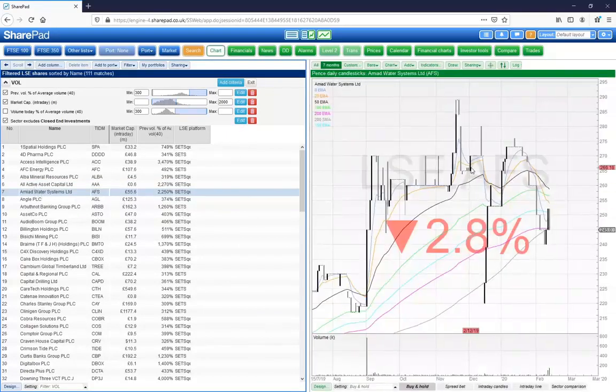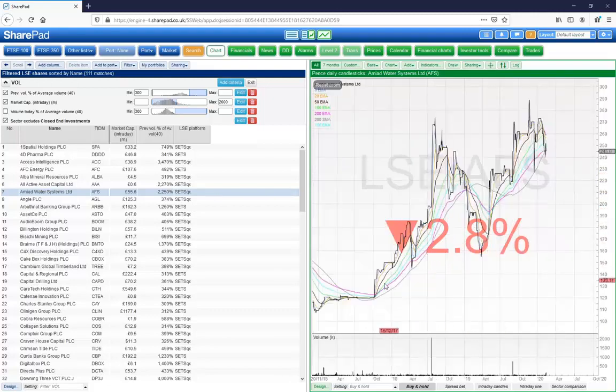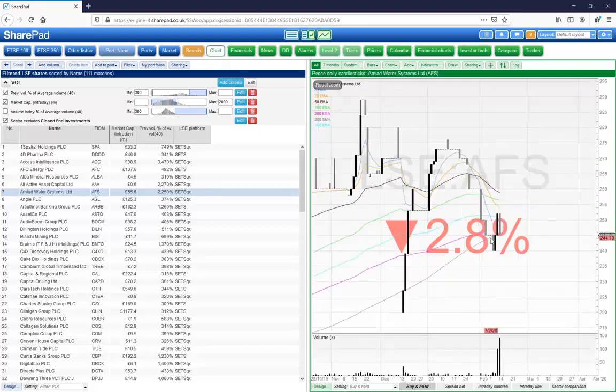Amiad Water Systems. This one potentially looks interesting because it's at the 200 moving average. We can see there. Now if we look on all, and maybe scroll into the past couple of years, we can see the stock's broken through here, but it has bounced off the 200 here, and it has bounced off it here on big volume.